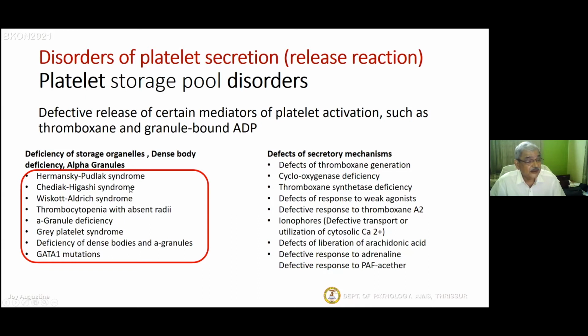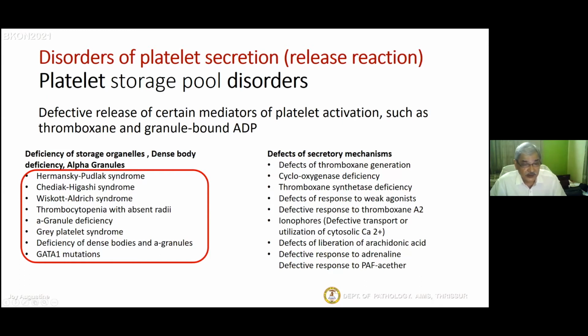Chediak-Higashi syndrome is associated with albinism, repeated infections, and is basically a lysosomal defect. Platelet defect is a part of it. Wiskott-Aldrich syndrome is another condition which one might come across, and this is also associated with a T-cell immunodeficient state.